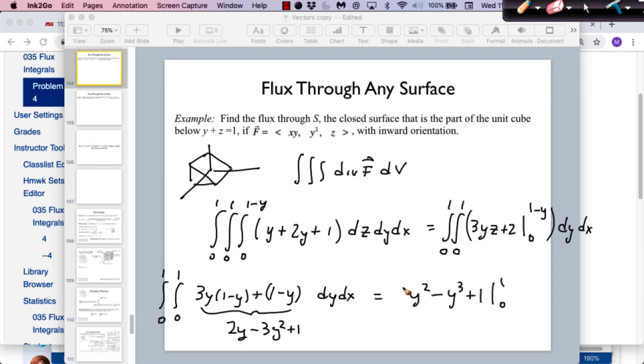And that whole thing times 1, right? So 1 minus 1 plus 1 equals 1. Got it. So that's doing this problem now using the divergence theorem. Rather than calculating the sum of all the surface integrals, do the triple integral over the solid of the divergence. Get the same answer, 1.